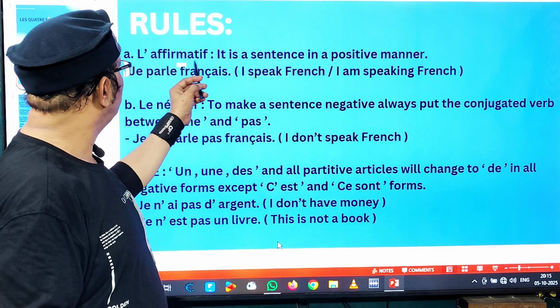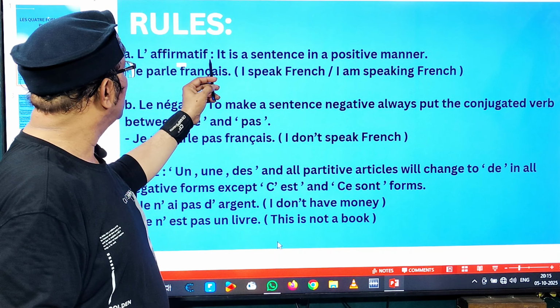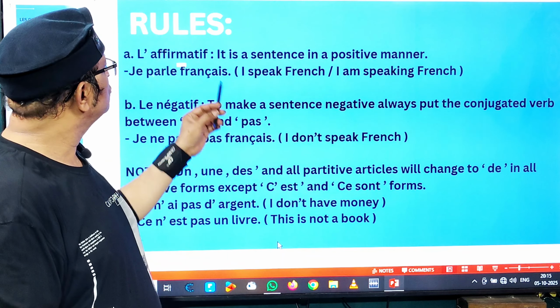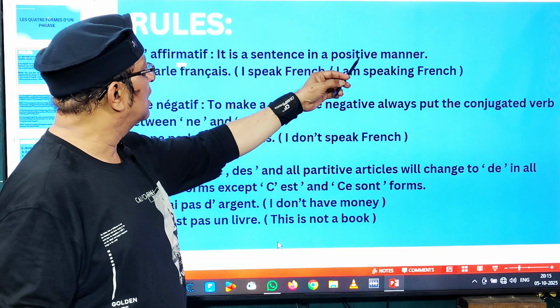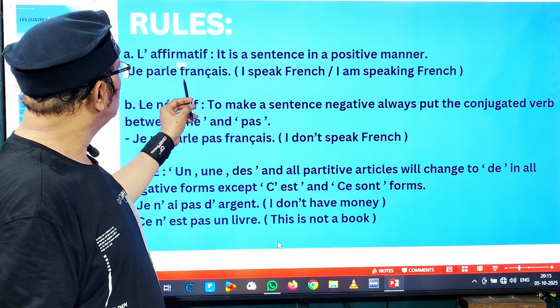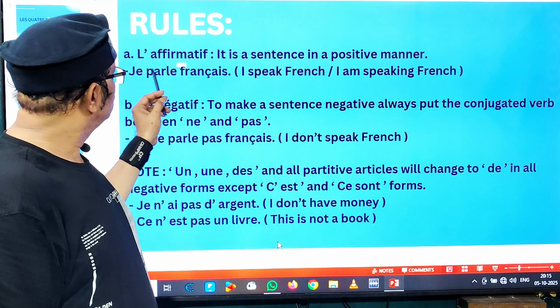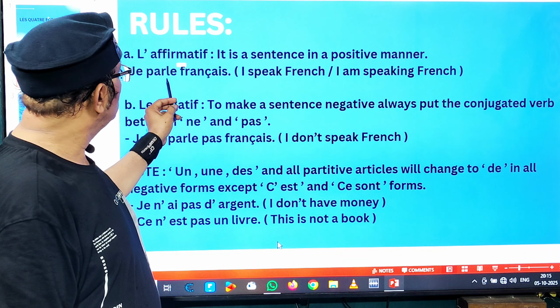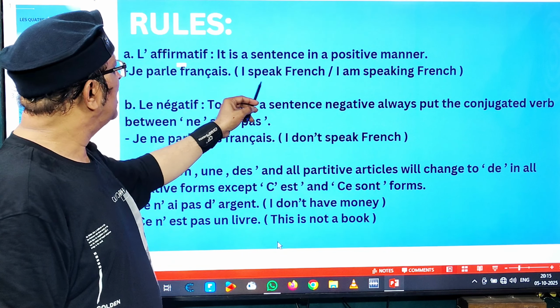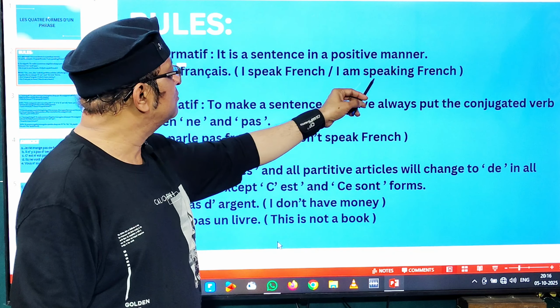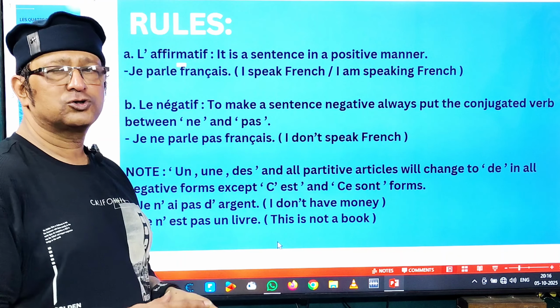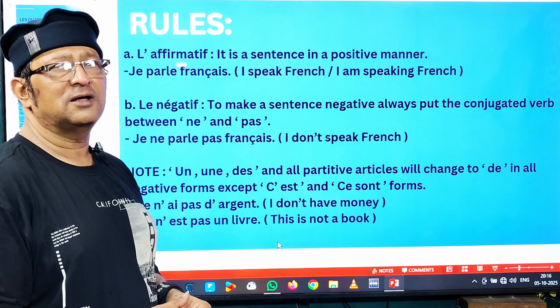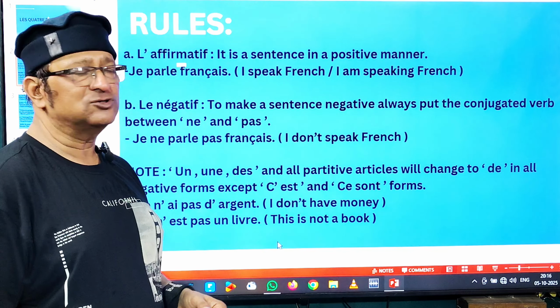First one, l'affirmatif, that is an affirmative sentence. Simply, it is a sentence in a positive manner, that is, je parle français. I speak French and I am speaking French. Earlier I also told you very clearly that we don't have any present continuous tense in French.